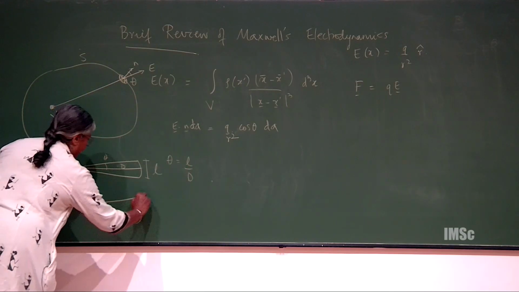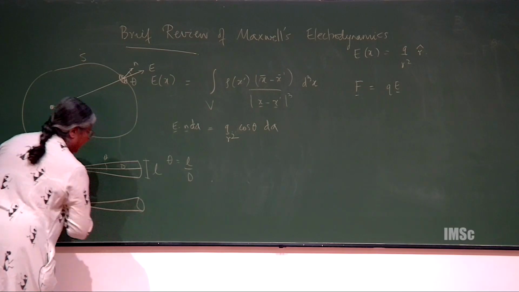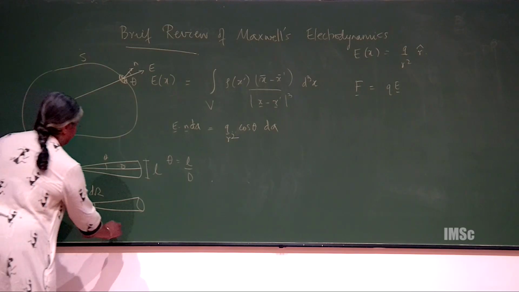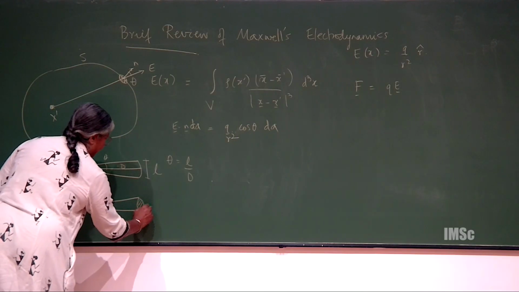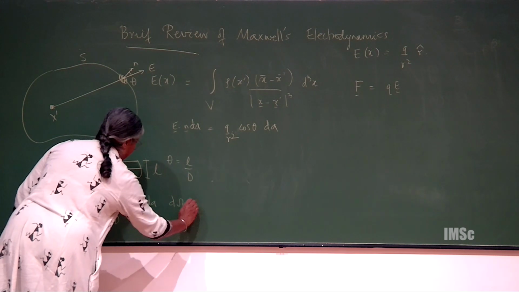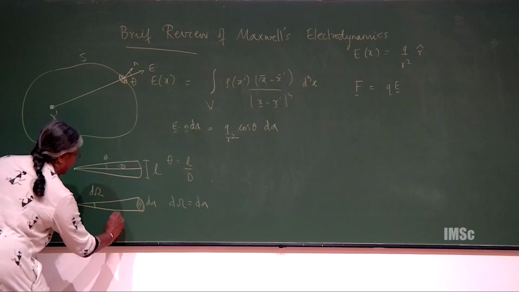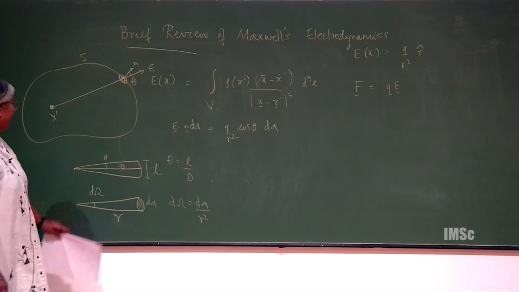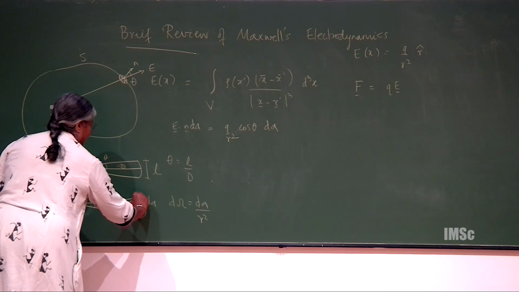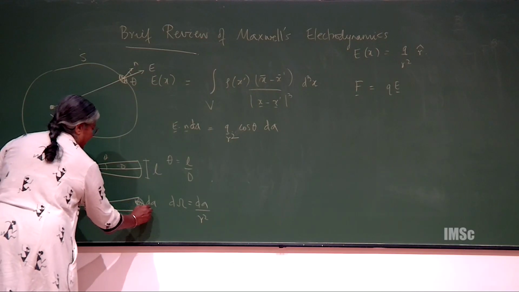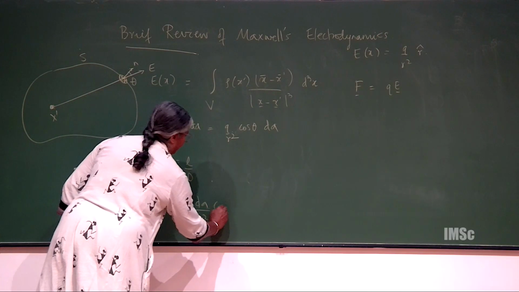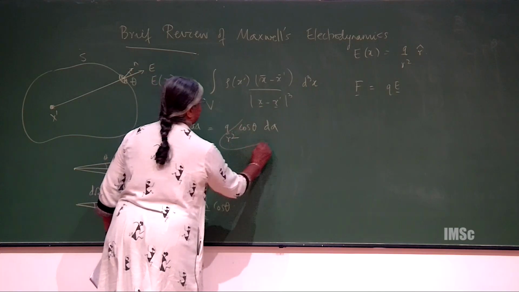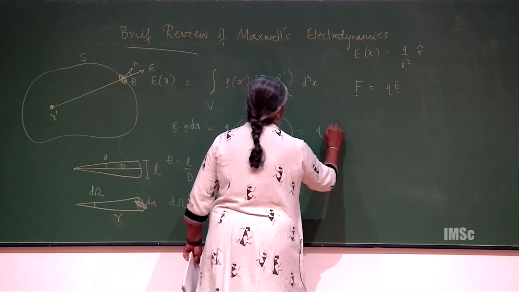Now if I write this for a little segment of area, then this will be called the solid angle d omega, and if this distance is R and this area is dA, then d omega is equal to dA by R squared, right? This is a normal area. Now I don't have a normal area, I have something which is at an angle theta to it, right? So then this will now become dA cos theta. So you can see that dA cos theta by R squared, I can write as equal to Q d omega.